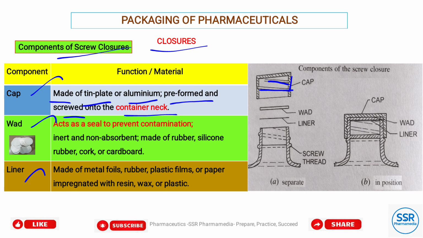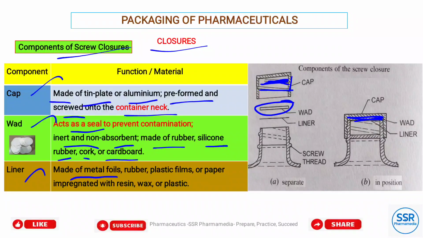The wad acts as a seal to prevent contamination. It is inner and non-absorbent, made of rubber, silicone rubber, cork or cardboard. This is the wad, the inner part of the cap. Next is the liner.